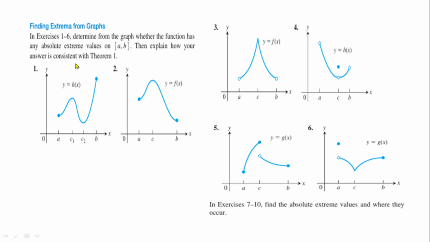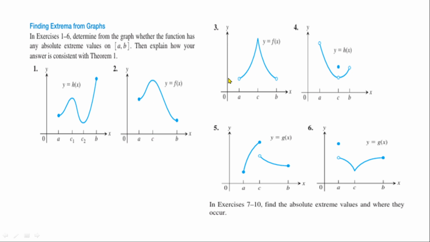Let us revise all the examples. The first example is a continuous function on a closed interval, so it has the absolute minimum at x equal to c2 and the absolute maximum at x equal to b. In the second example, the function is also continuous on a closed interval, so there are definitely an absolute maximum and an absolute minimum: at x equal to b, the absolute minimum, and at x equal to c, the absolute maximum.